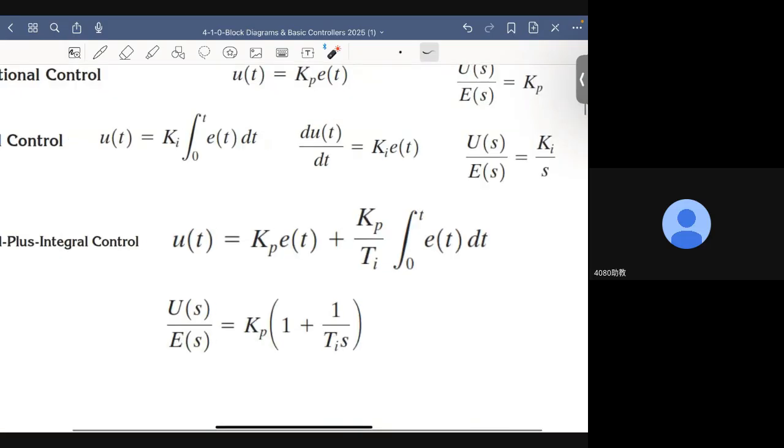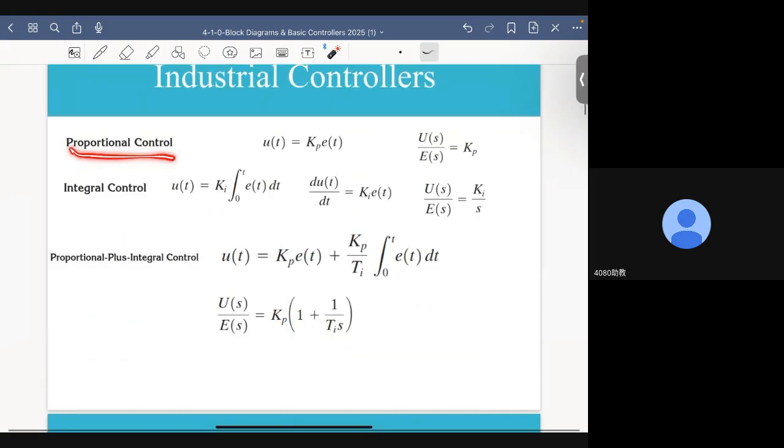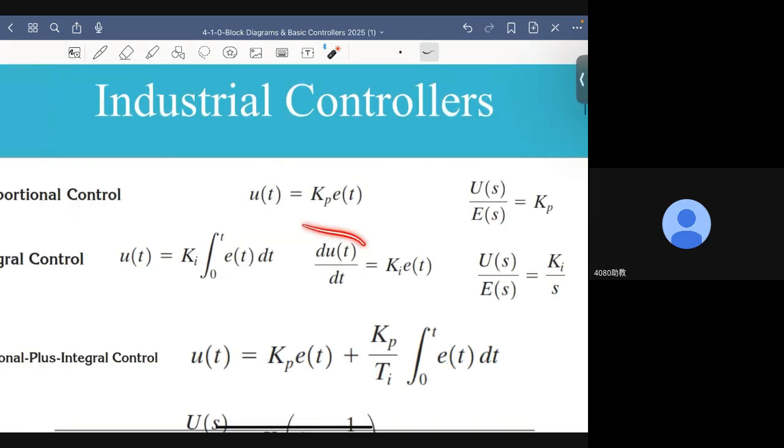Now, let's make things a little more complex, okay? Instead of just using proportional or integral control, we can combine them. We can take two different things into consideration. We will not only consider one factor, we can consider two factors, because proportional control only relies on current information.